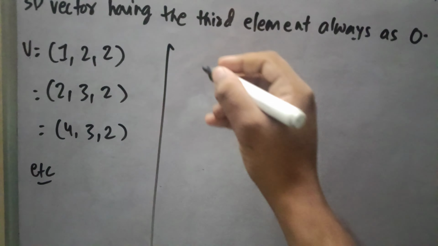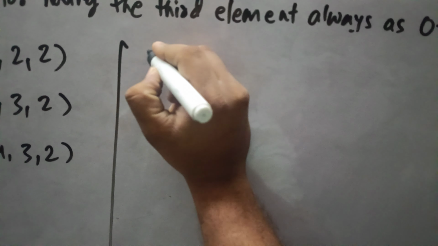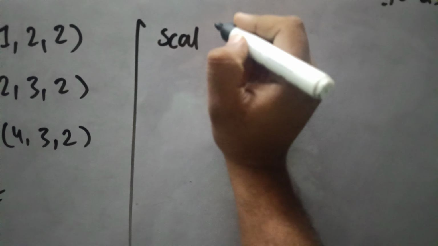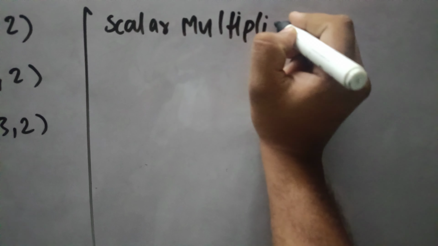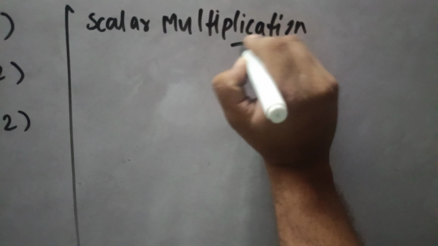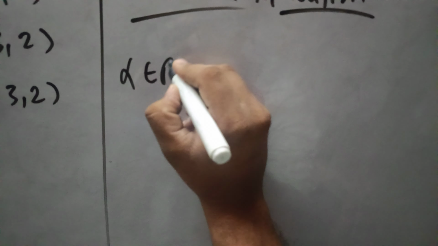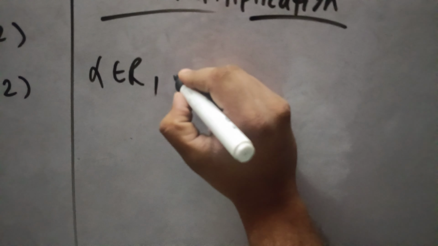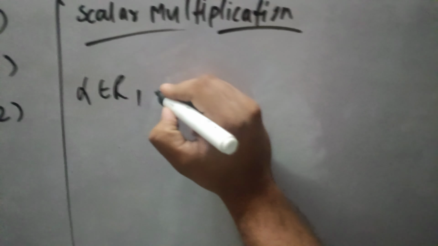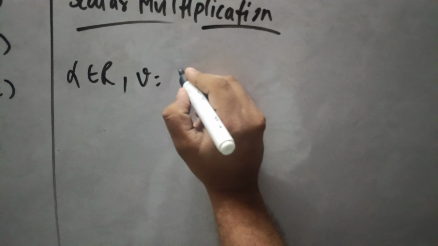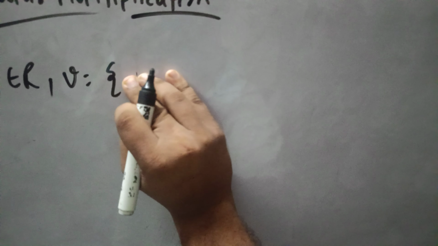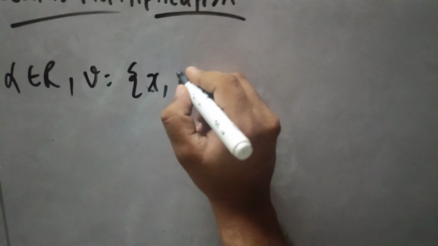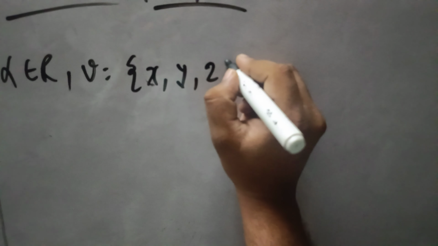So let us directly jump to scalar multiplication. Let us take alpha, which belongs to a real number, and let us take a vector from the given set as v equals (x, y, 0).